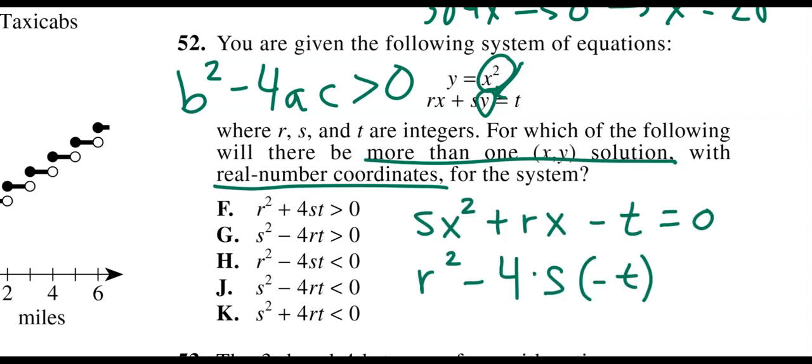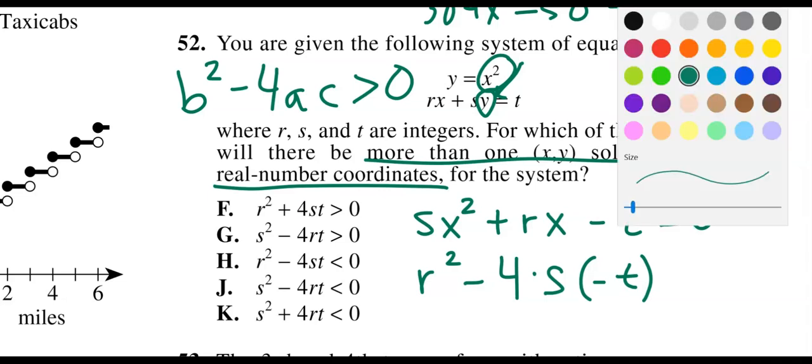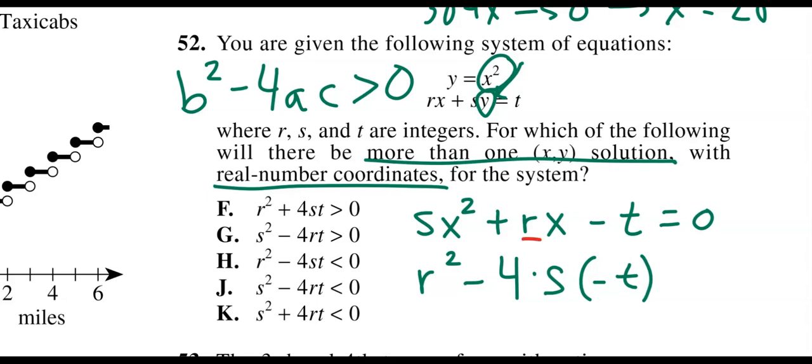So we did our substitution, moved everything over to one side, and we started going through the discriminant, b squared minus 4ac, using our letters. B goes with R, S goes with A, negative T goes with C. Which one of these answer choices, F or H, are we talking about?